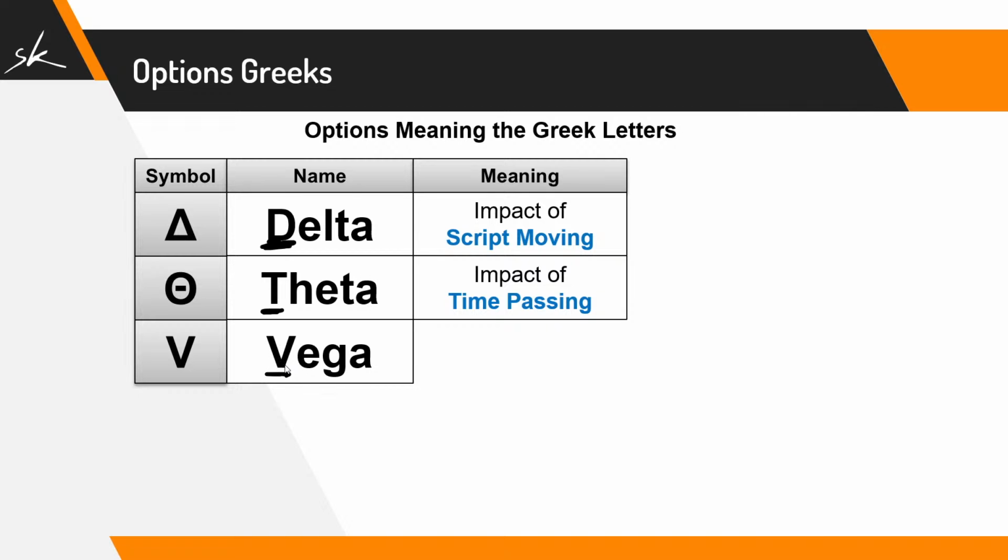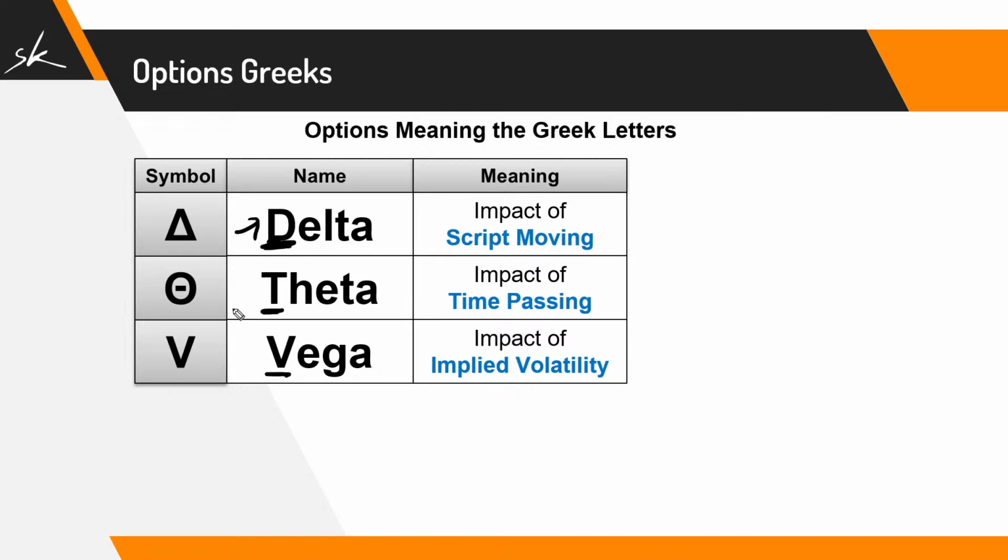Options pricing has built into it the implied volatility, which is the expectation of the crowd, what can happen in the future, not what has happened in the past, which is the historical volatility.